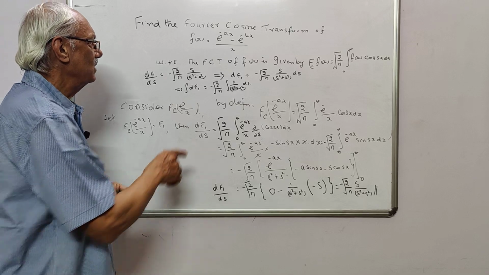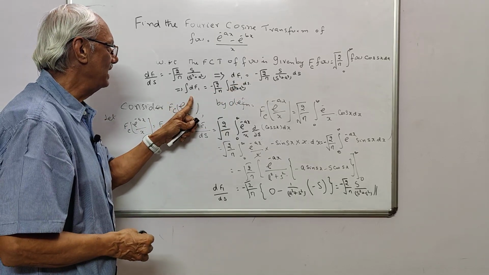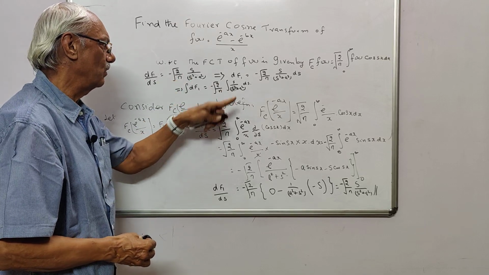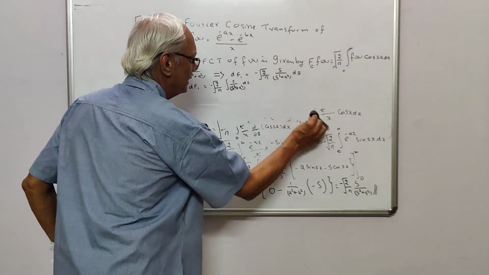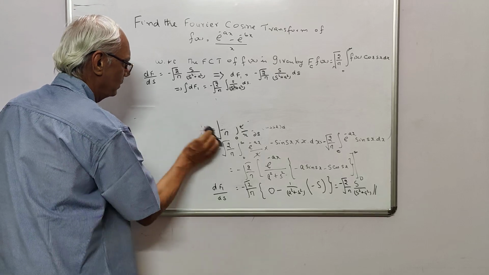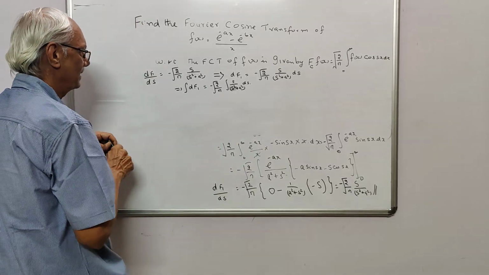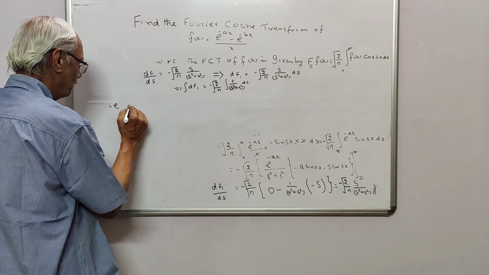Now I am able to bring this to the integral of df1 is equal to minus 2 by pi square root of that, integral of this. Now what is the integral of dx? It is x. So what is the integral of df1? It is f1. So the integral of df1 is f1.